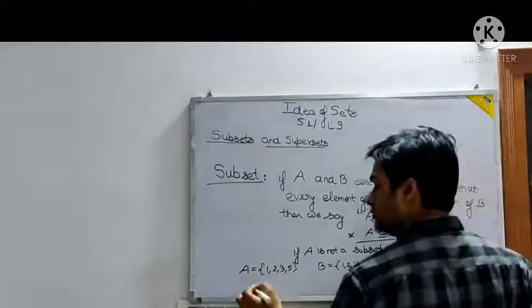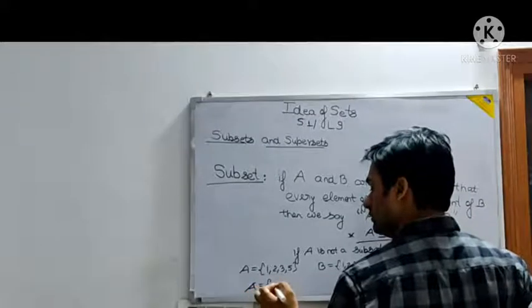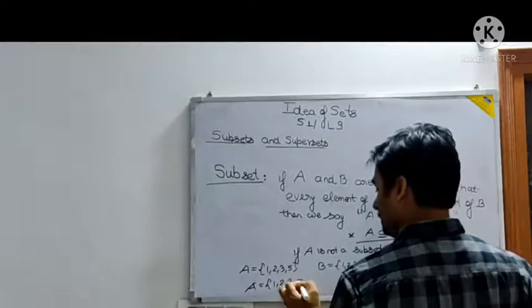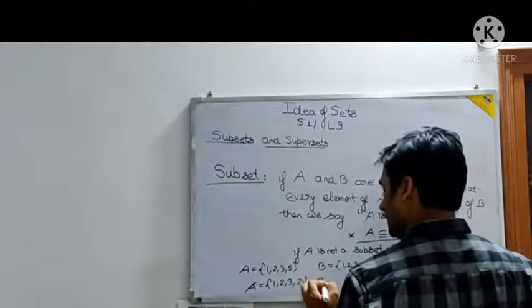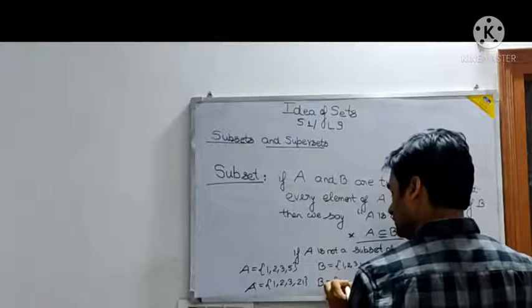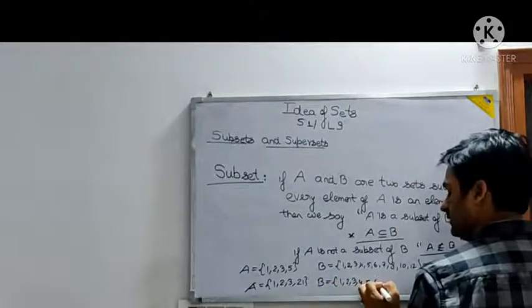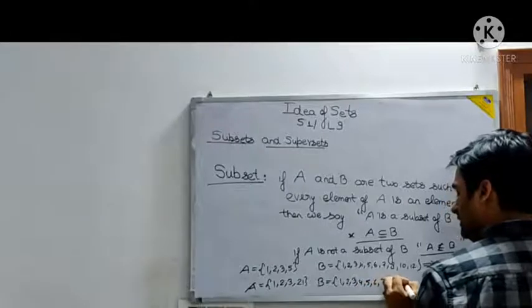But what if A is equal to 1, 2, 3 and 21, and B is equal to 1, 2, 3, 4, 5, 6, 7, 8, 10 and 12?